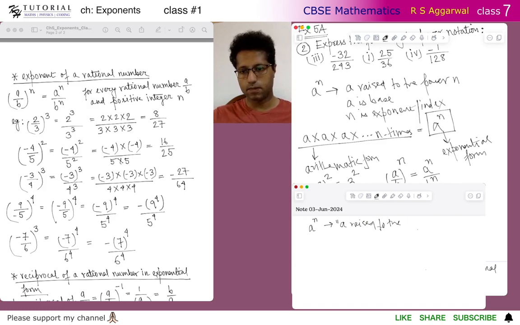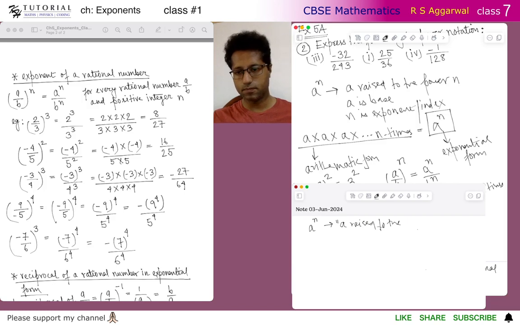This is a by b multiplied by a by b multiplied by a by b, n times. And we know that when we multiply rational numbers, we multiply the numerators and divide by the product of the denominators.